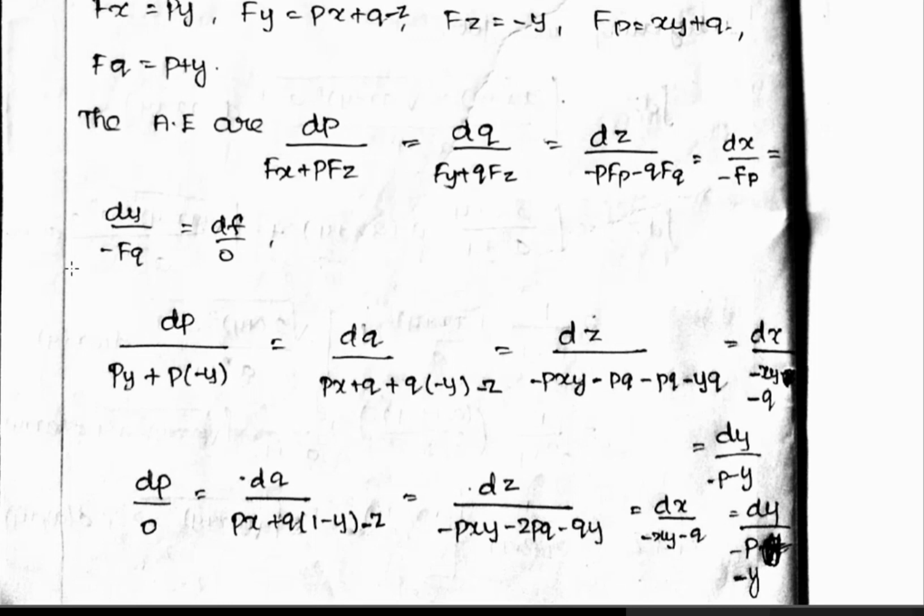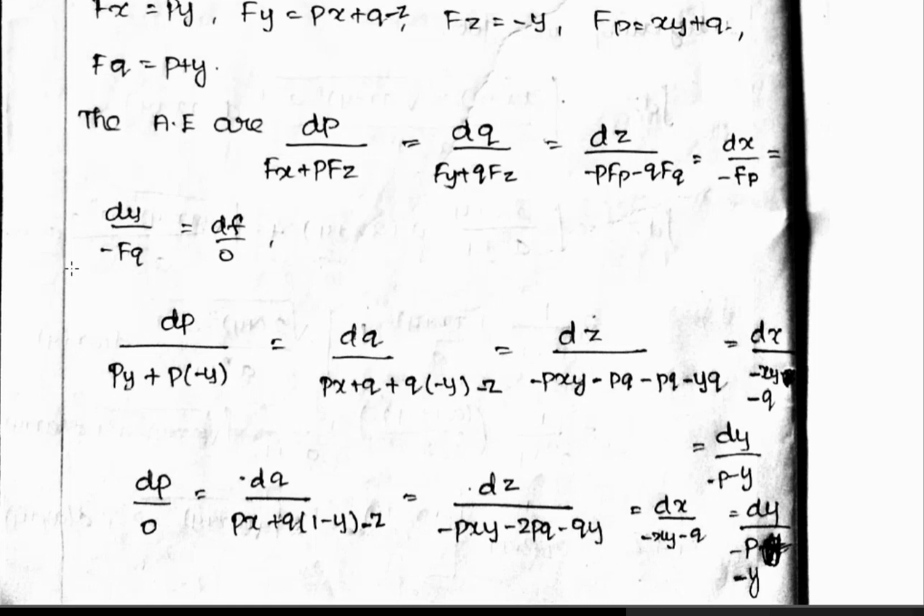py is 0. So first term ratio is 0, and second term denominator is fy, what is it? px plus q minus z, and q into fz is minus qy. So you get px plus q into 1 minus y minus z, like this in the denominator term.